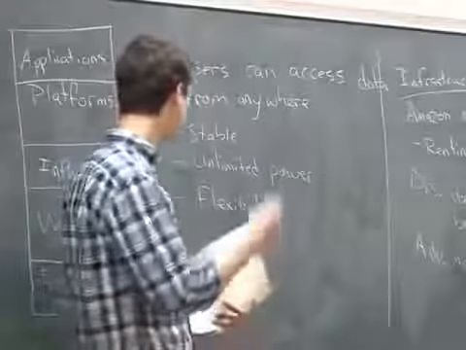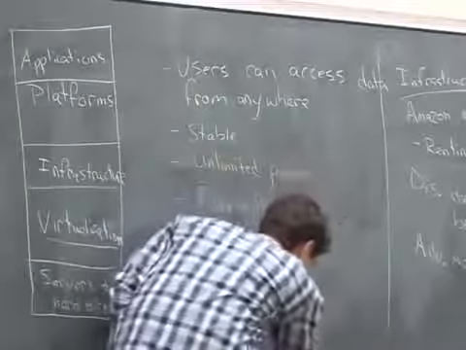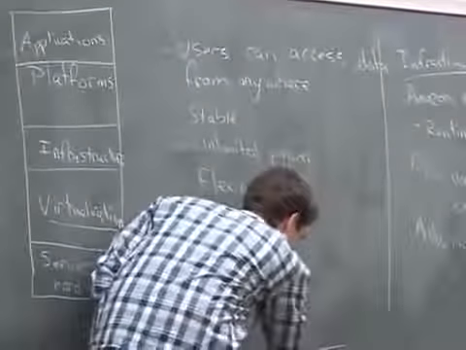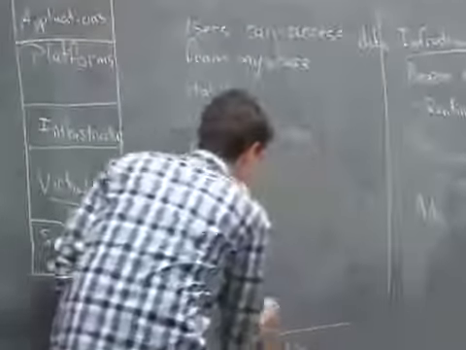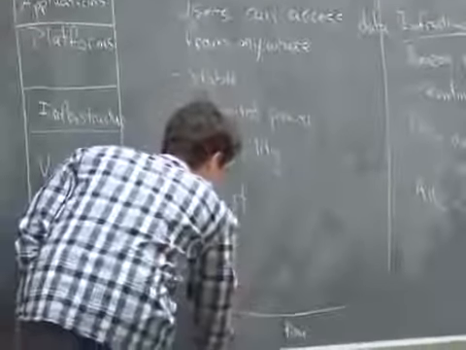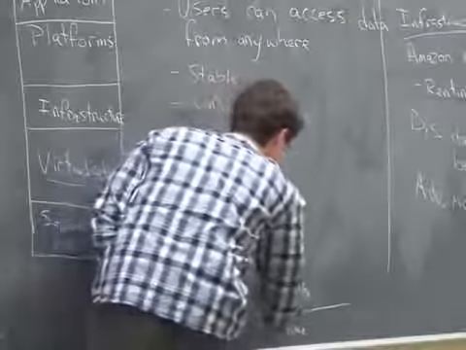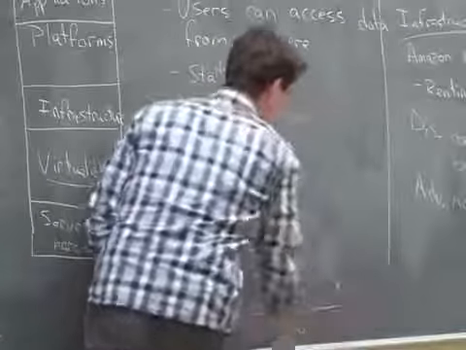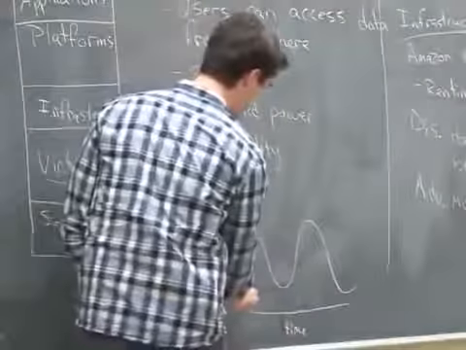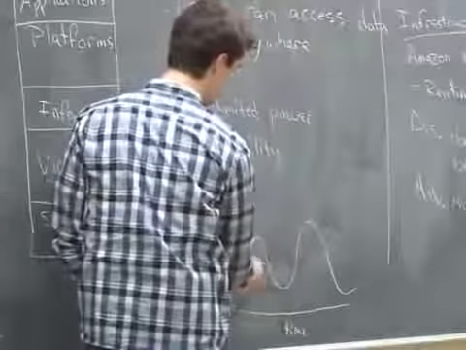And then also, if your workload looks like something like this, where this is time, and this is, let's say, the demand or your load. So let's say you have an application that does something like this. Well, with cloud computing, as you have more demand, you can rent more servers.